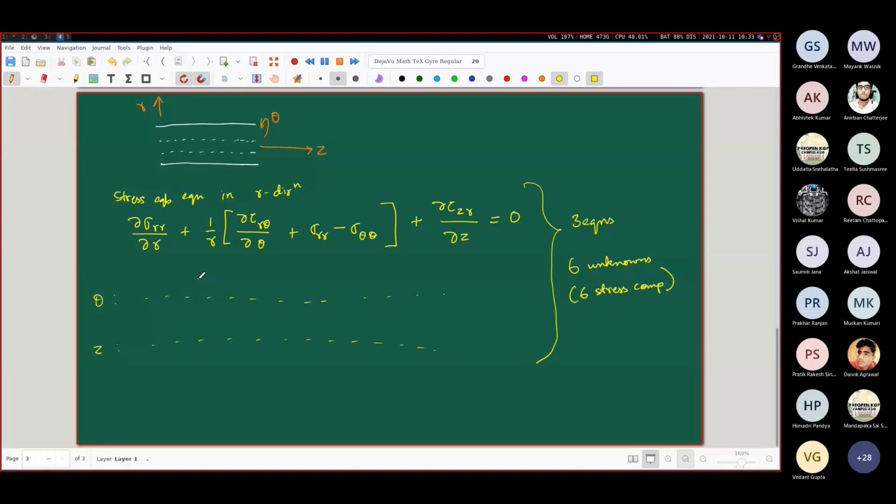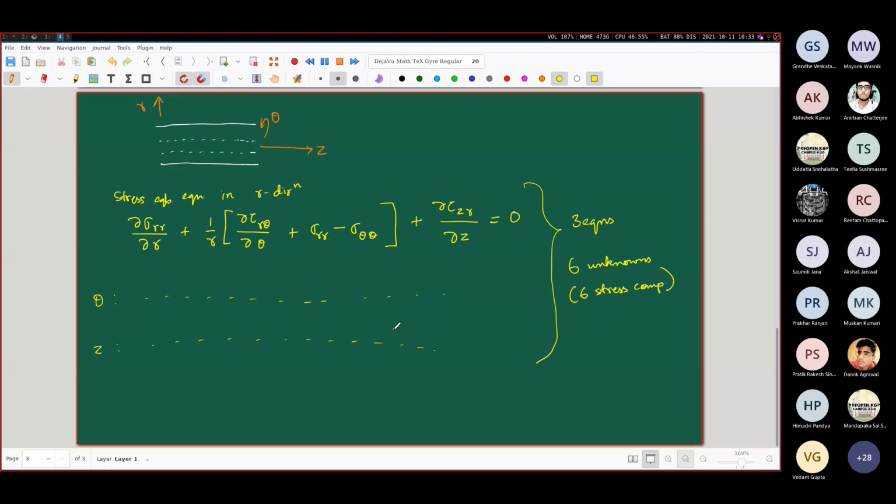Then the situation would have been very nice. Why? Because in that case, these three equations would still be three equations, but now the unknowns would be just 3 in number: the displacement variables u, v, and w. u is along the r direction, v is along the theta direction, and w is along the z direction. So 3 unknowns, 3 equations, very nice.